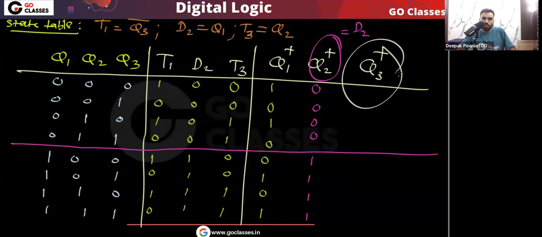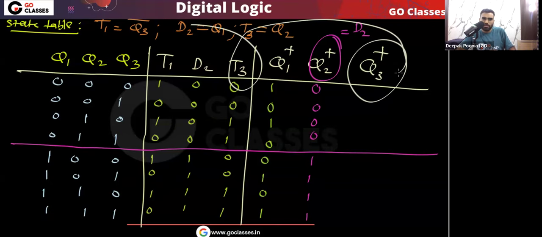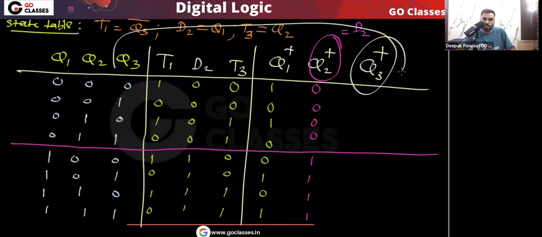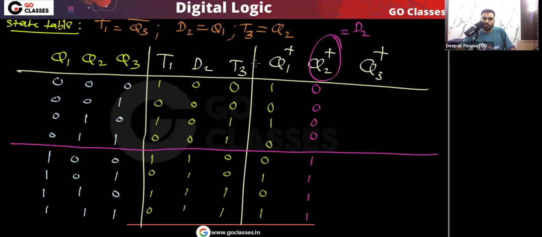Now let's see what will be Q3 next. The same point, Q3 next will be determined by T3 and Q3. In the T flip flop, if input T equal to 0, then state will not change, means next state will be same as the present state. If T equal to 1, then this is the toggle combination, means next state will be complement of the present state. So wherever T3 equal to 0, there Q3 next will be same as Q3.